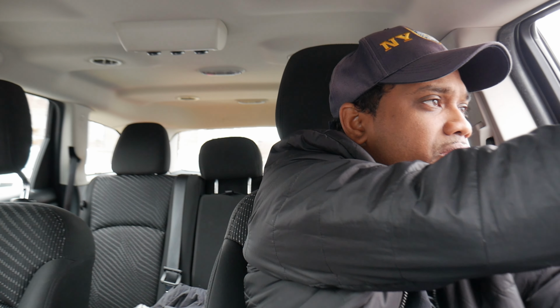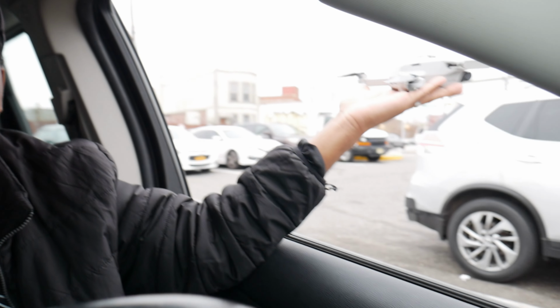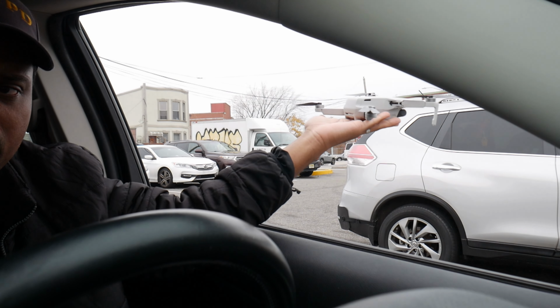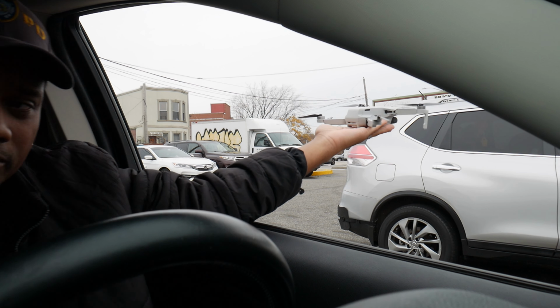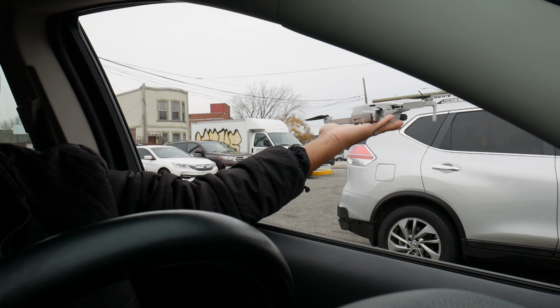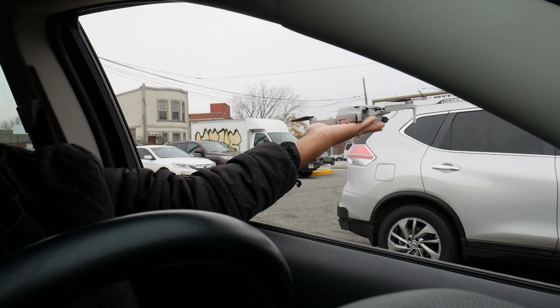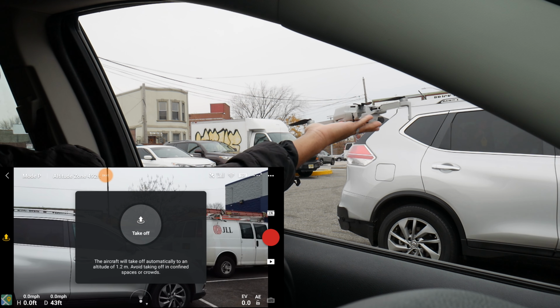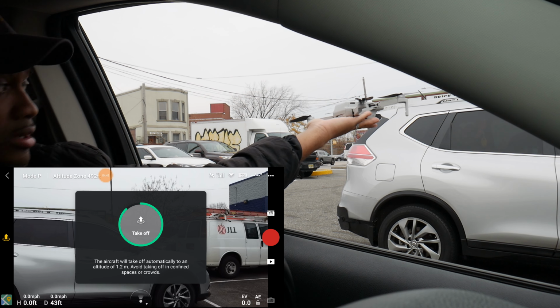I'll just keep the drone out the window, so that the metal from the car doesn't interfere with the compass. And then just hit the takeoff button and let it do its thing.